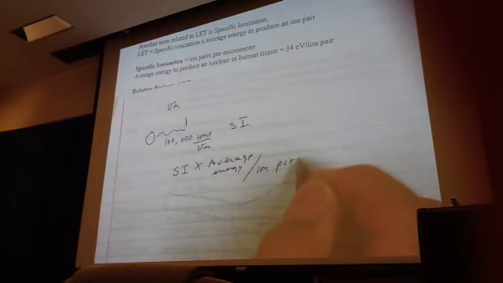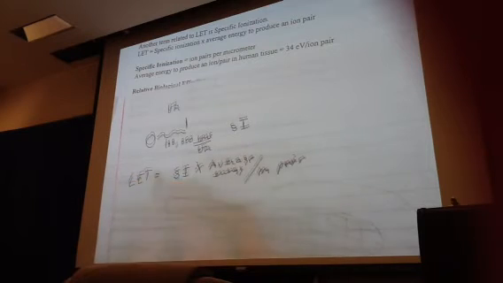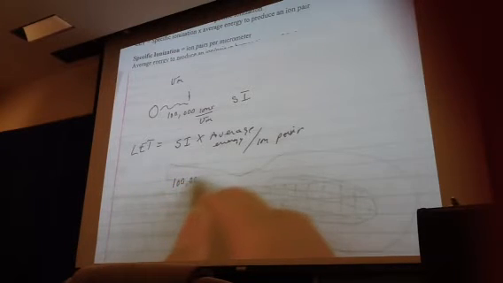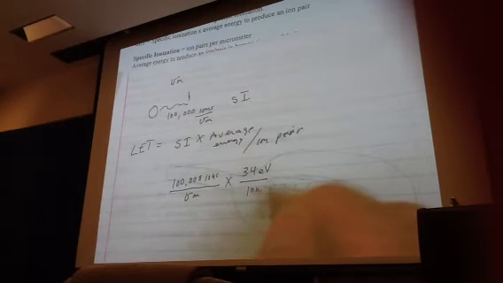We had 100,000 ions per micrometer, and 34 electron volts per ion pair.